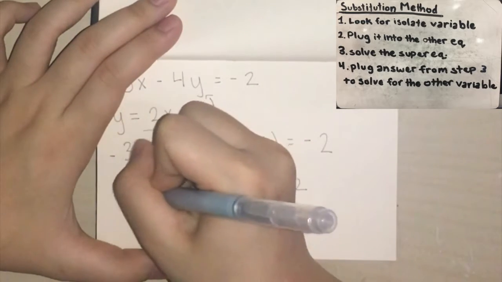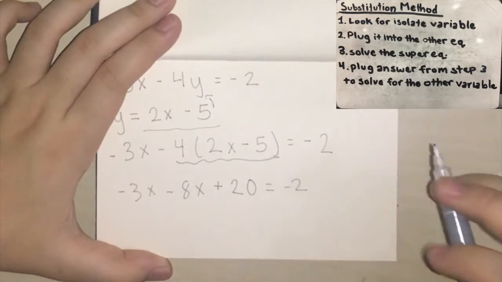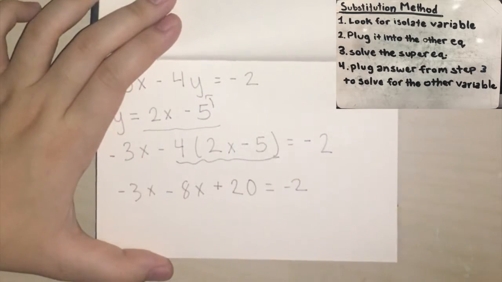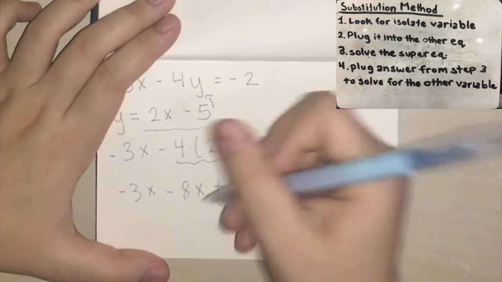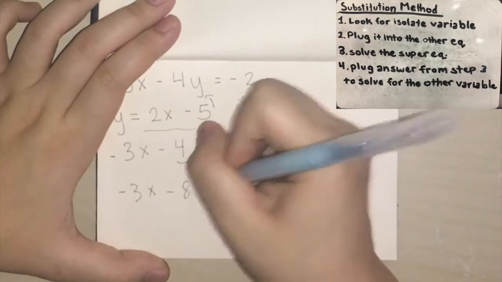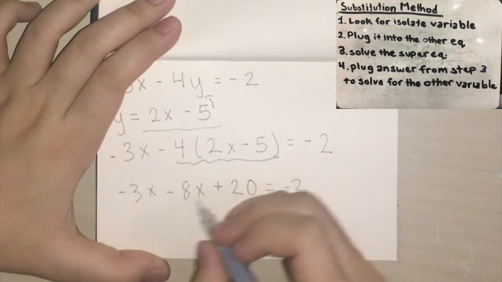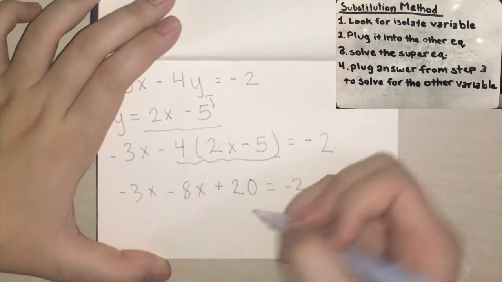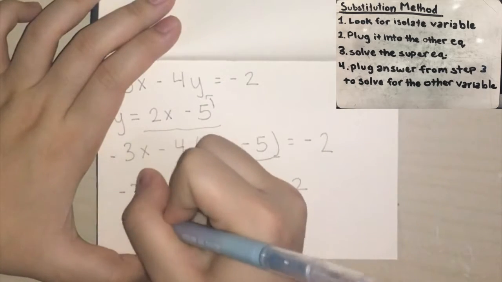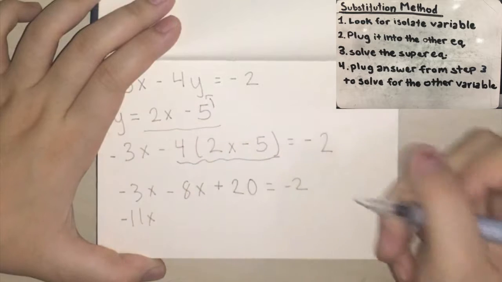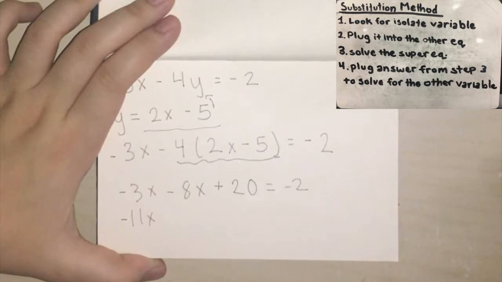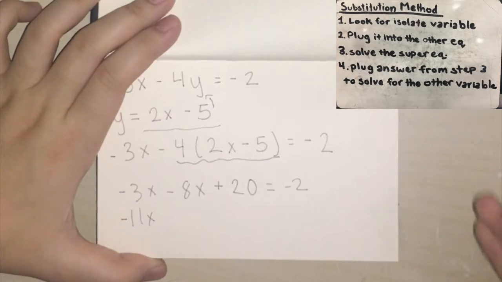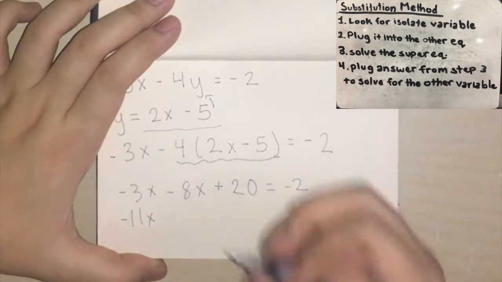We're still trying to solve the equation. Now we're going to add these together, negative 3x and negative 8x, which is now going to be negative 11x, because when you subtract a negative from a negative, you're adding.